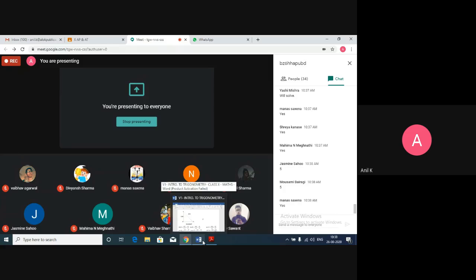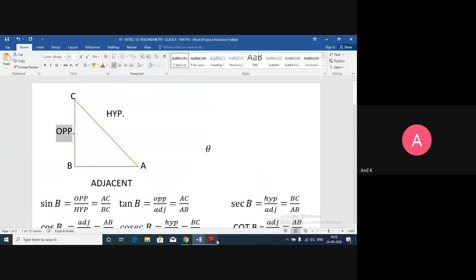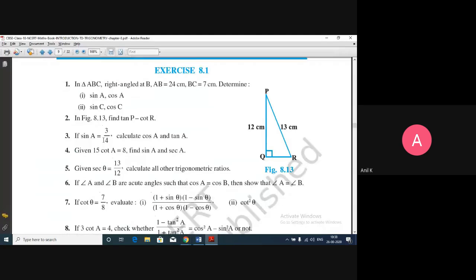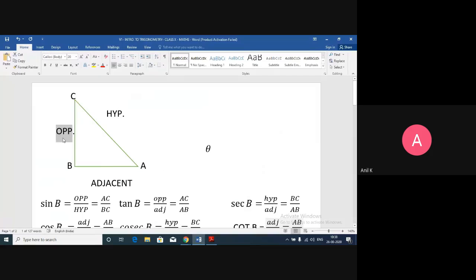Yeah, I got the answer. See, be careful. Here sine is given as 3 by 4. So sine value means opposite is 3, hypotenuse is 4. If you are thinking that adjacent is 5, that means your adjacent side is greater than the hypotenuse. Is it possible in a right angle triangle? So don't think 3, 4, 5 will always be correct.